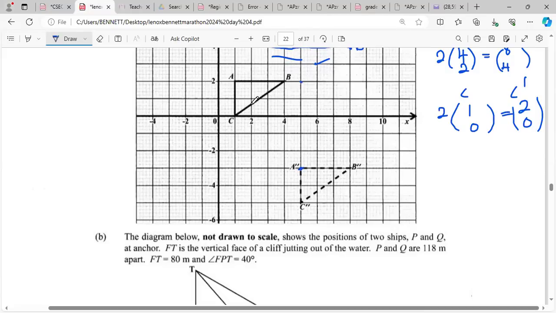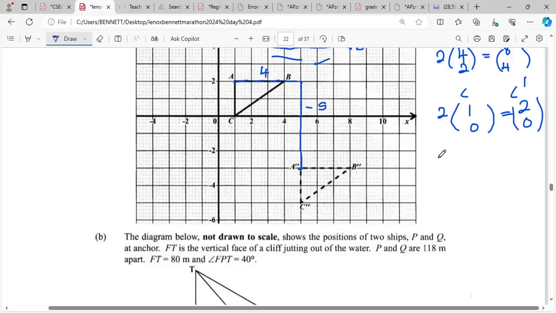All of them will be the same. We move 1, 2, 3, 4 places to the right, so x is positive. Then we go down 1, 2, 3, 4, 5. When we're going down, y is negative.